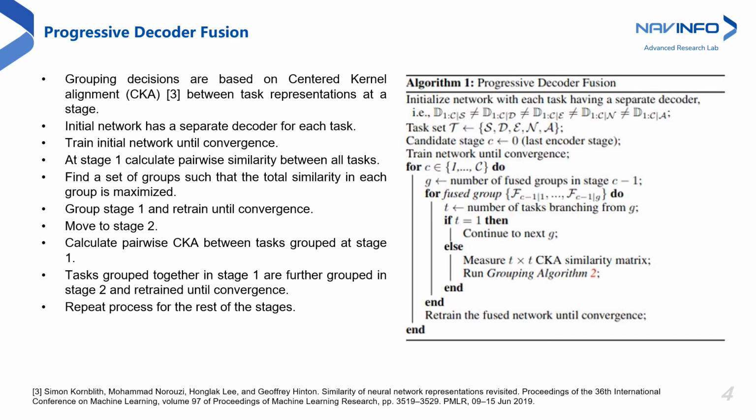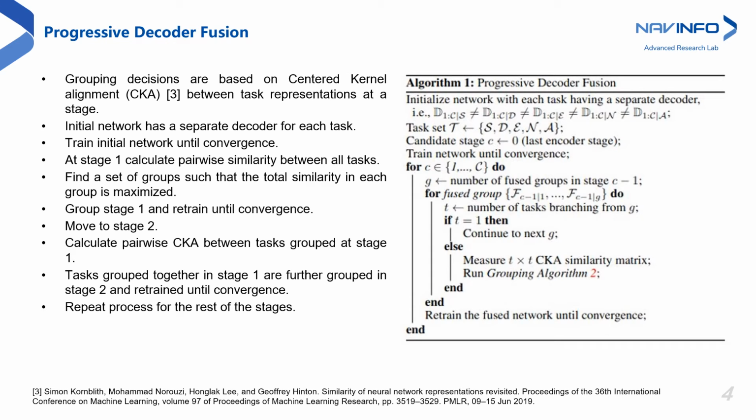Here, we look at the algorithm of progressive decoder fusion. The grouping decisions at a stage is done using CKA similarity between all pairs of tasks that could be grouped at the stage. The initial network with separate decoder for each task is first trained to convergence. Using this network and a subset of training data, we calculate the CKA between the output task representations of stage 1.